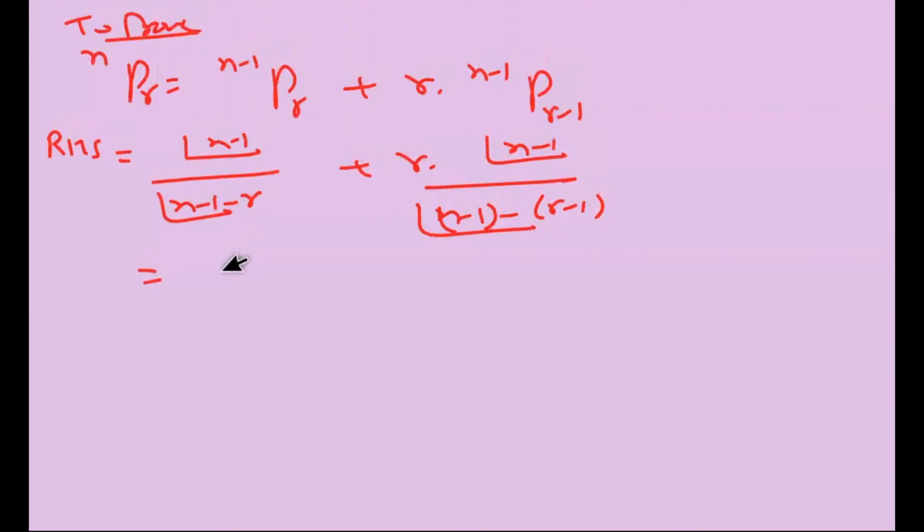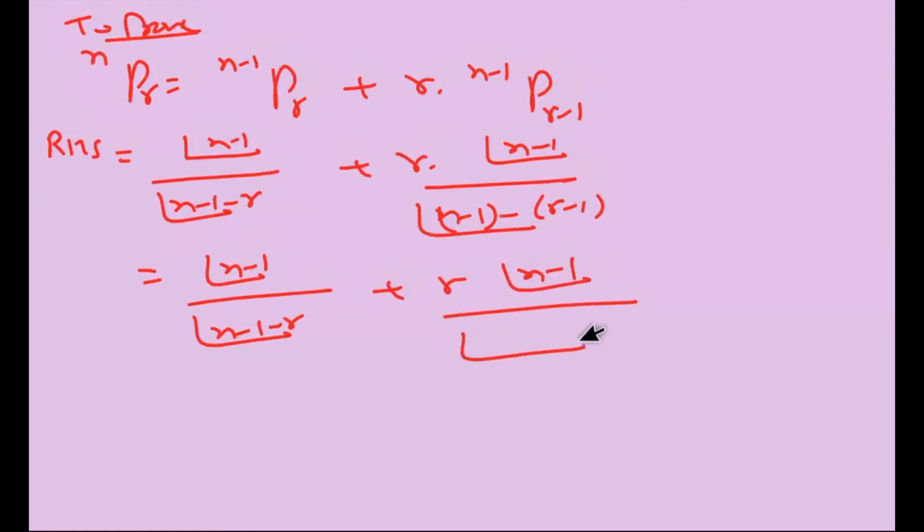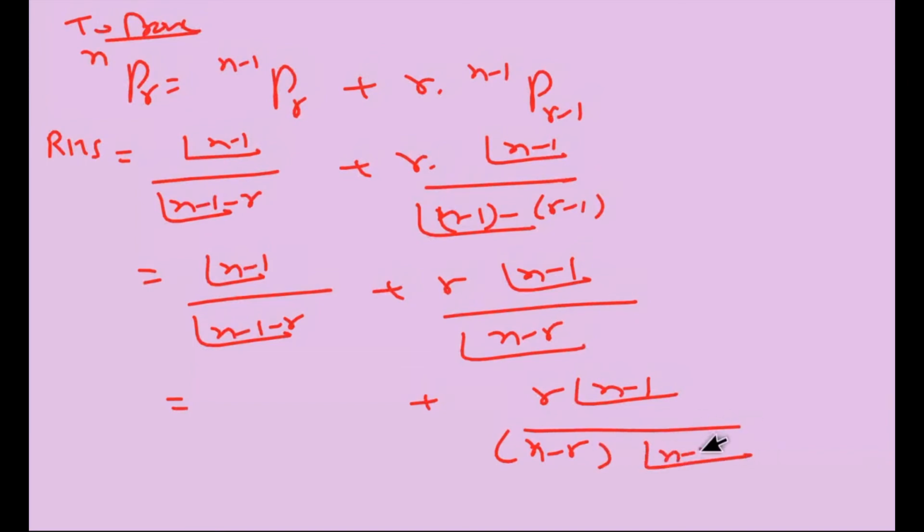Here n minus 1 minus (r minus 1) is left as n minus r. Now you can see n minus r is greater than n minus 1 minus r, so we can write one step n minus r outside, and factorial n minus r minus 1. If it is factorial 5, it is 5 into factorial 4.